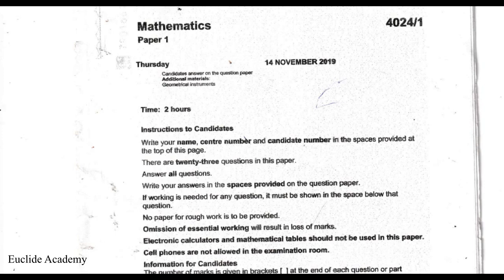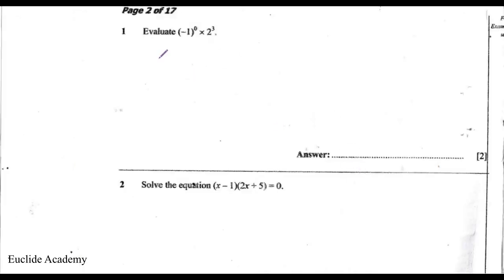Cell phones are not allowed. So we just have to calculate everything with your answer booklet, your pen, and your mathematical set, if you do have one. Let's go ahead without wasting much time to answer these questions.